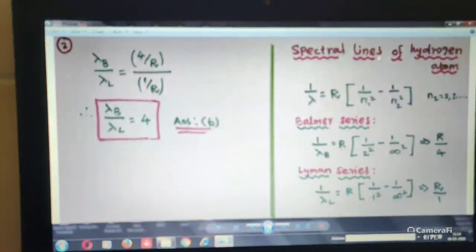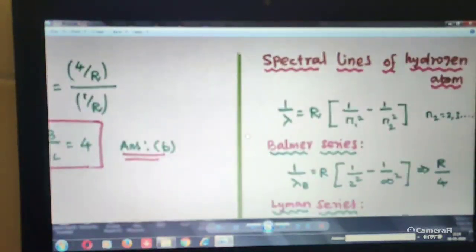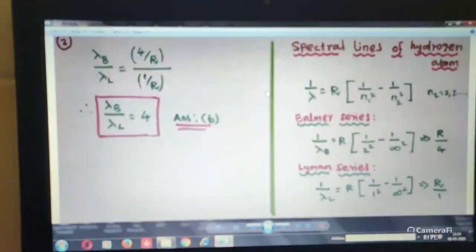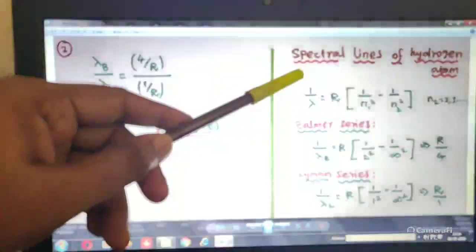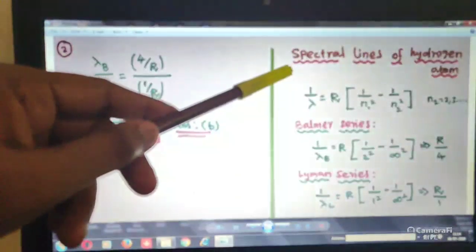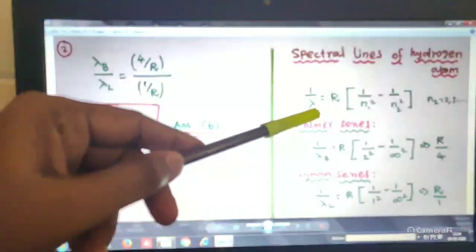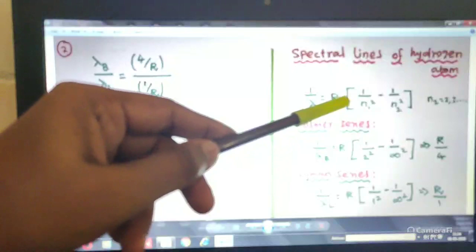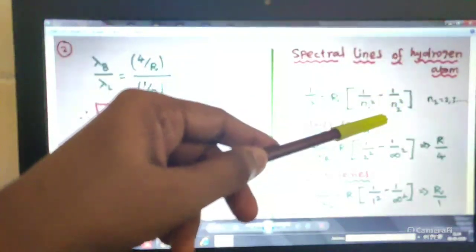First I will give the idea. The spectral lines of the hydrogen atom. We know the formula: 1 by lambda is equal to R into (1 by N1 squared minus 1 by N2 squared).